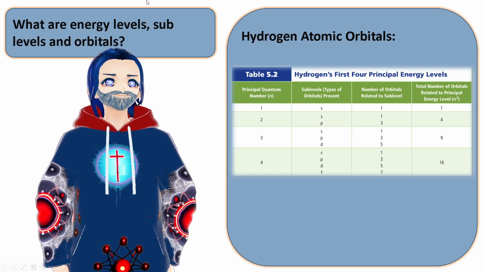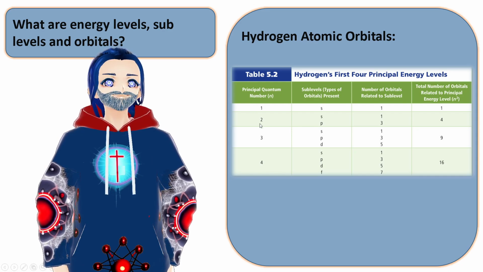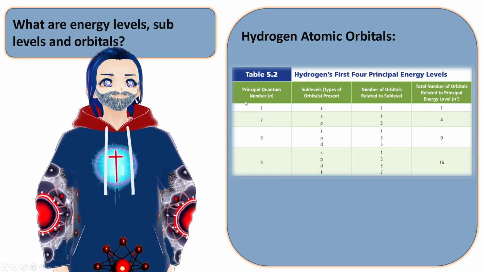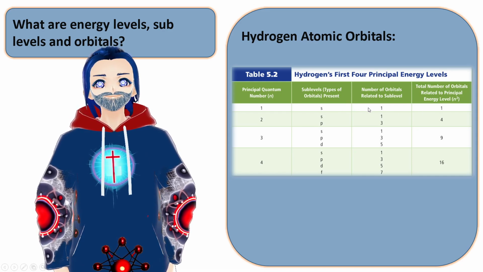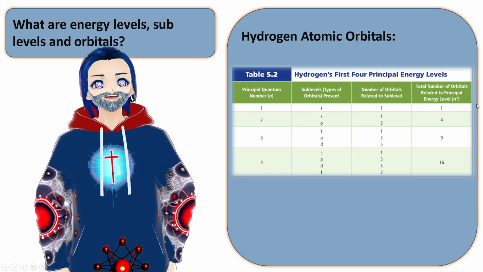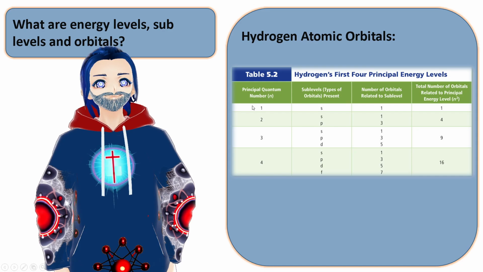And so when you're looking at your energy levels, this table is a good one to look at here. So you have your principal quantum number n, and it's 1, 2, 3, 4, right? And your first quantum number has a single sublevel, an s orbital, and the number of orbitals is 1, and the total number of orbitals in that energy level is 1.